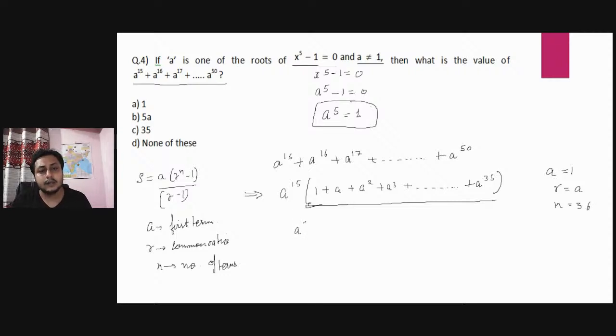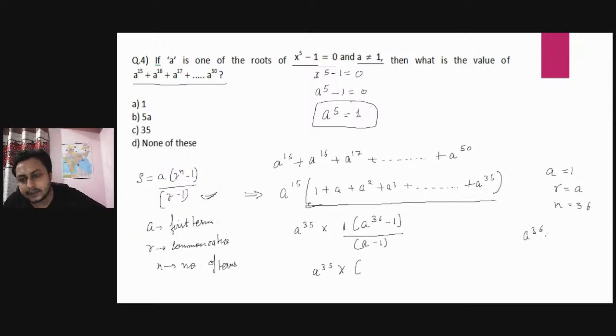So when you solve it, it comes out to be a power 15 into, apply this formula, A is first term that is 1 here, r is common ratio that is a here, number of terms 36, so r power 36 minus 1 by r minus 1, means a minus 1. So a power 15 into a power 36 minus 1 by a minus 1.